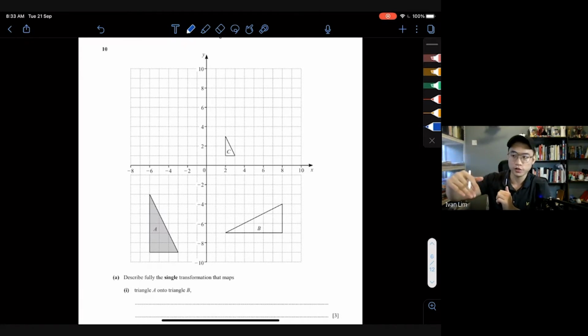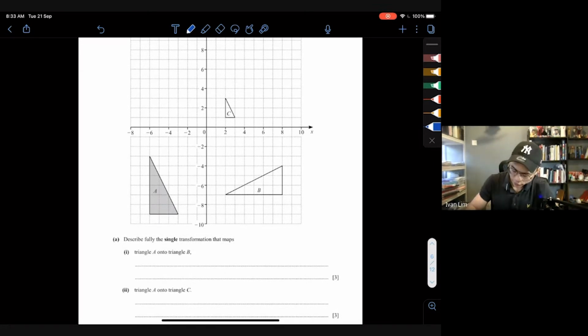It's a rotation. You have your rotation, your translation, your enlargement. It will fall under one of them. So we know it's a rotation, 90 degrees, anti-clockwise.